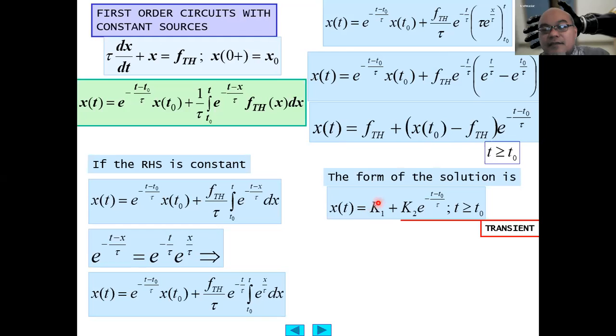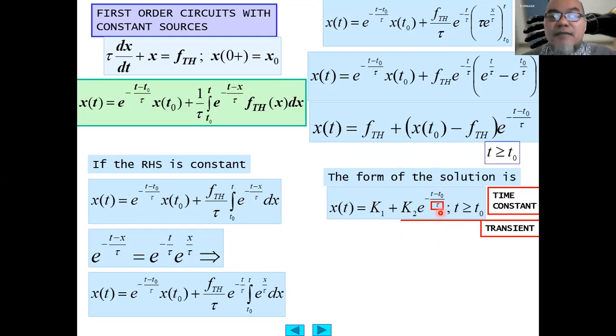This is k1, something which is constant. It doesn't change with time. The term that changes with time is the second term, k2 multiplied by exponent minus (t minus t0) over tau, for t larger than or equal to t0.